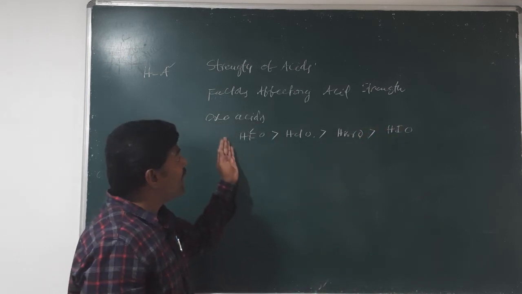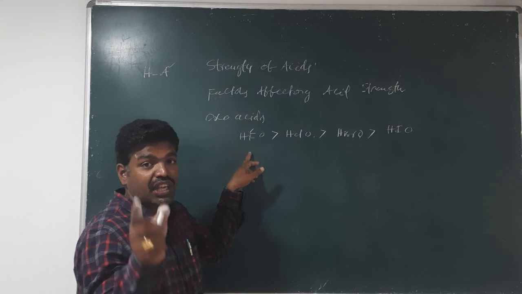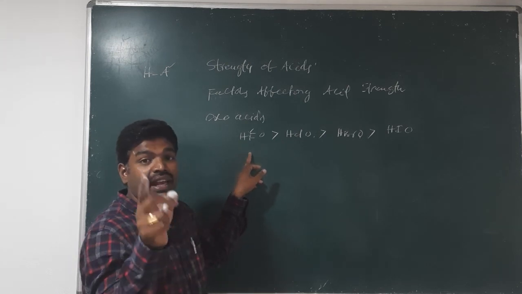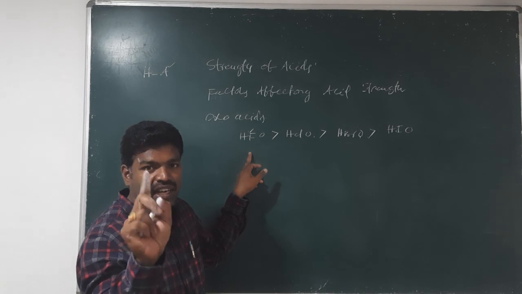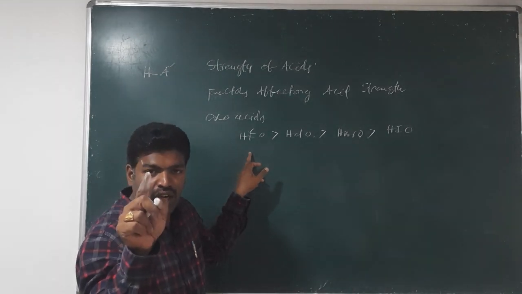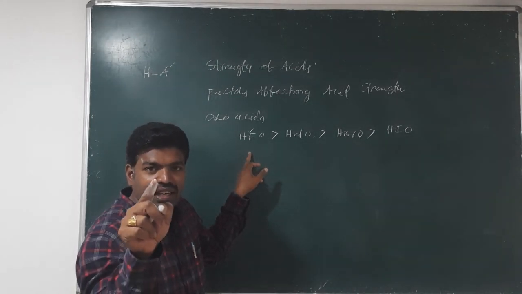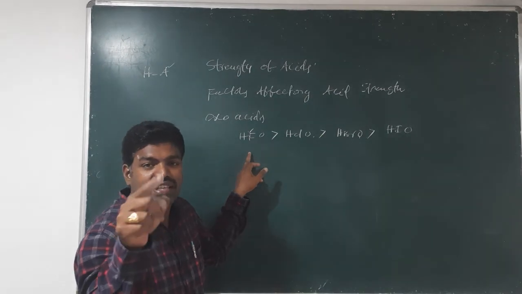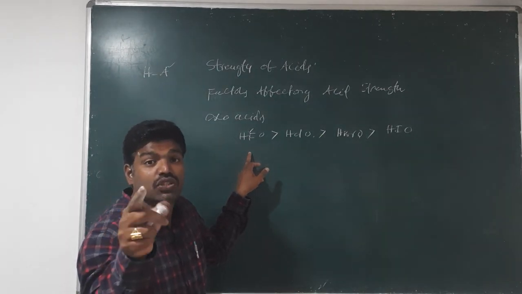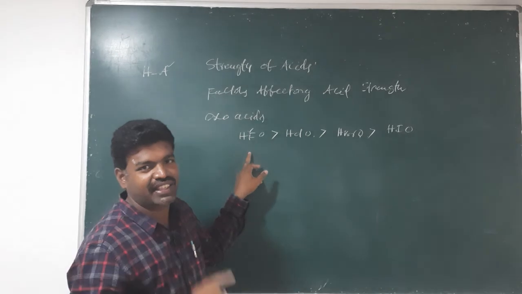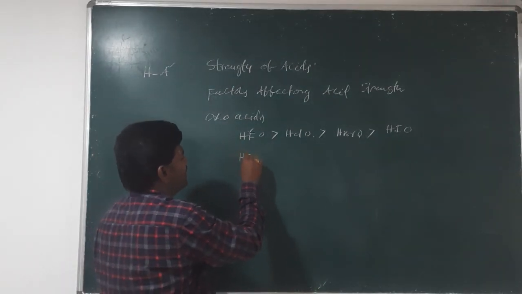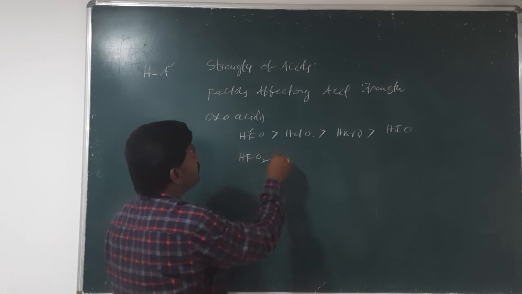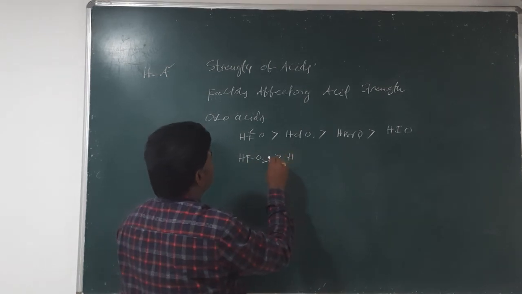So when we are comparing the oxo acids of the same group, you should consider the electronegativity of the central atom. The oxo acid in which the central atom has the highest electronegativity is the strongest oxo acid. And if we can extend this HFO to HCl.